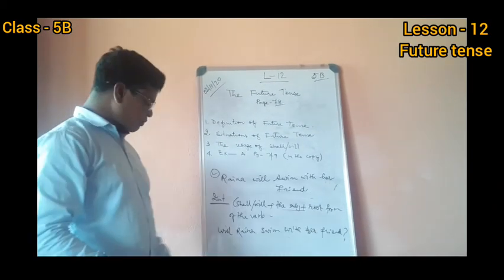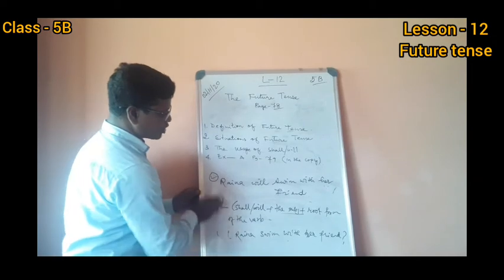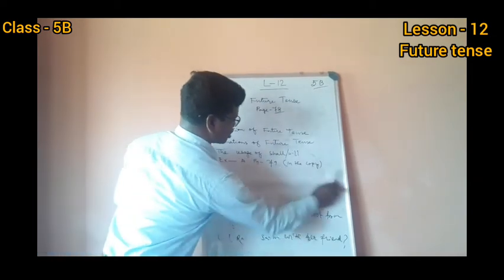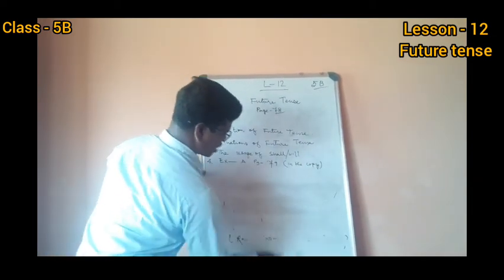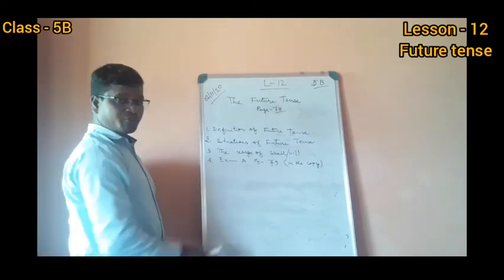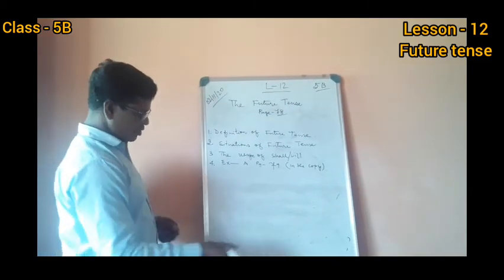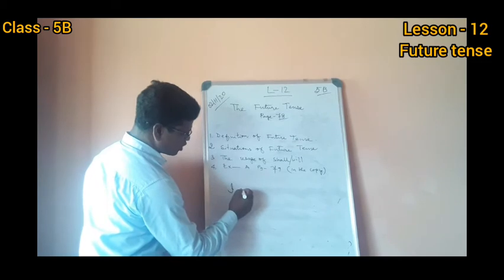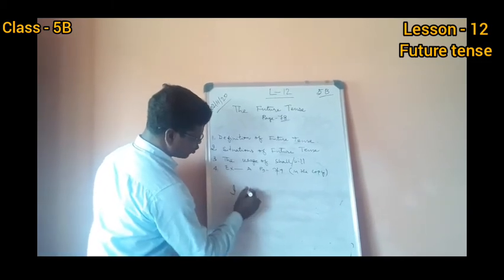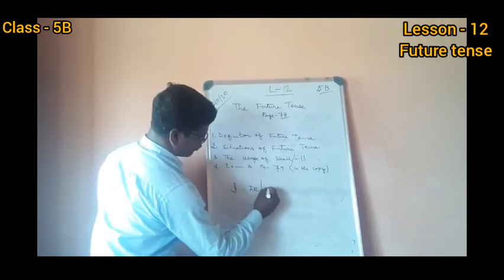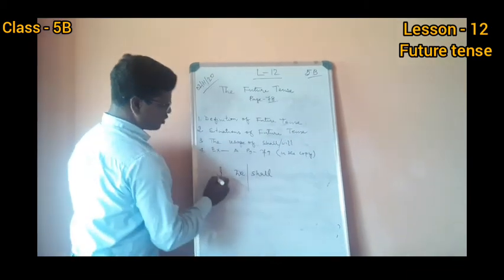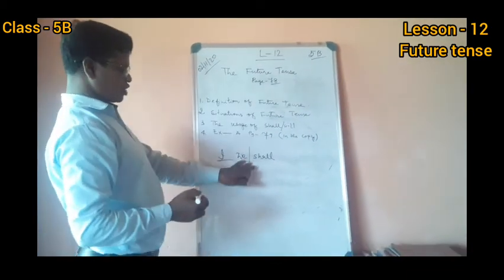Now we need to remember two things. Which are those two things? The usage of shall and will, where to use shall and will. Quite often we make mistakes. Just like here you see, with first person singular and plural, we use shall. Only with these two do we use shall.